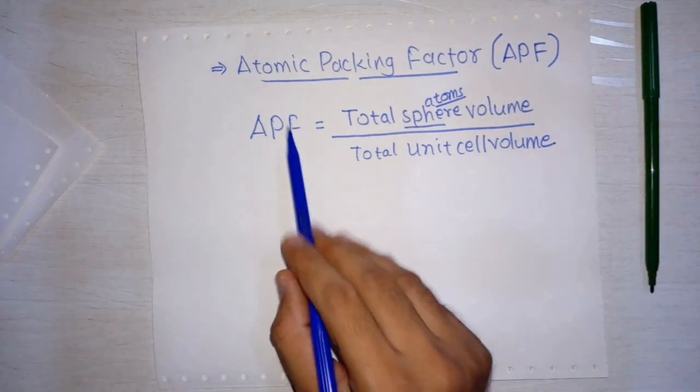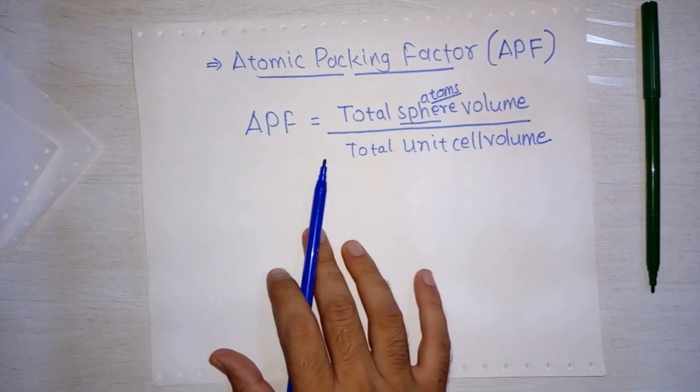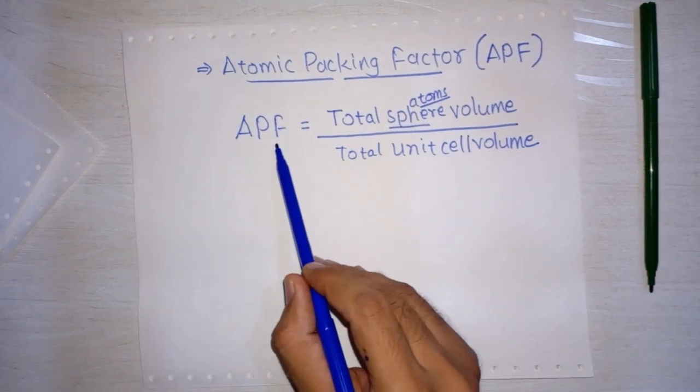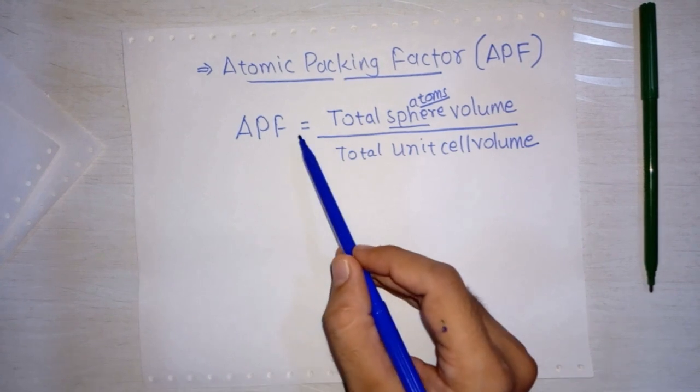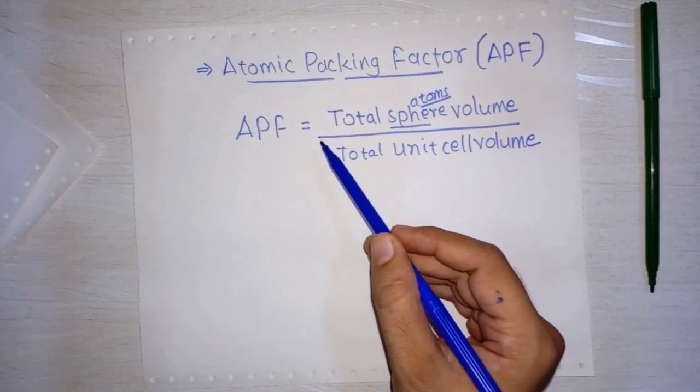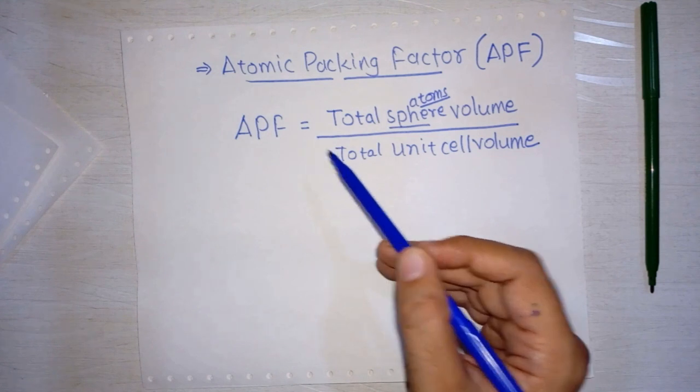Okay, so this is nothing but the atomic packing factor. As I said, by APF we can think about how dense the atoms are arranged in a particular unit cell.